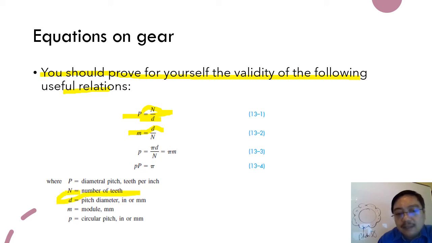In another chapter on this textbook, the chapter on screw, N is the revolution per minute. It is different, so you will be confused.